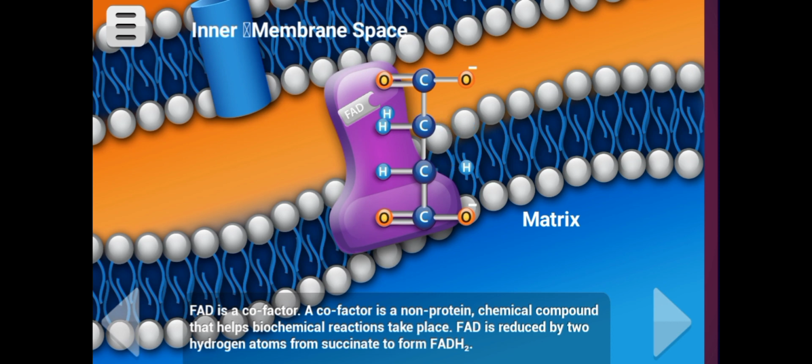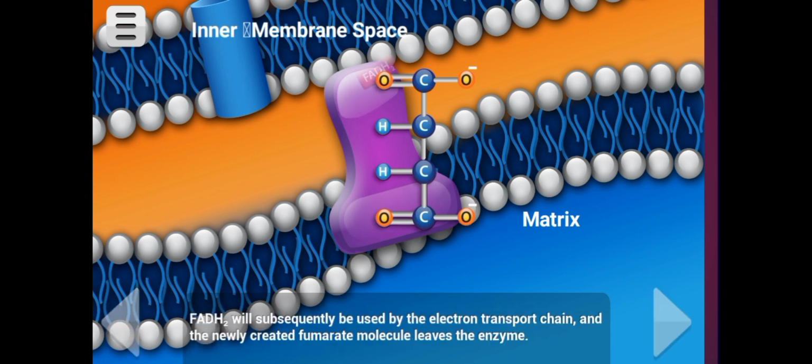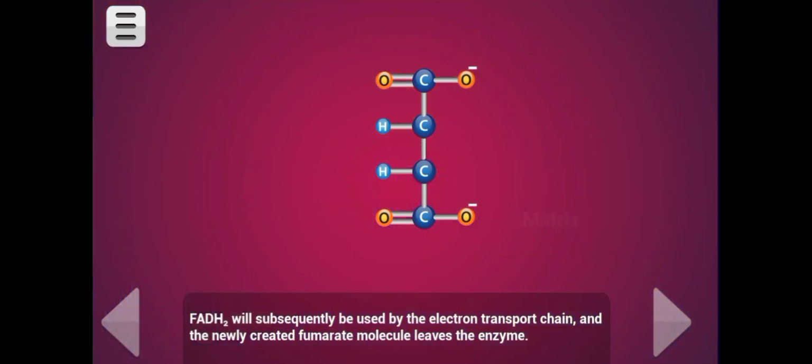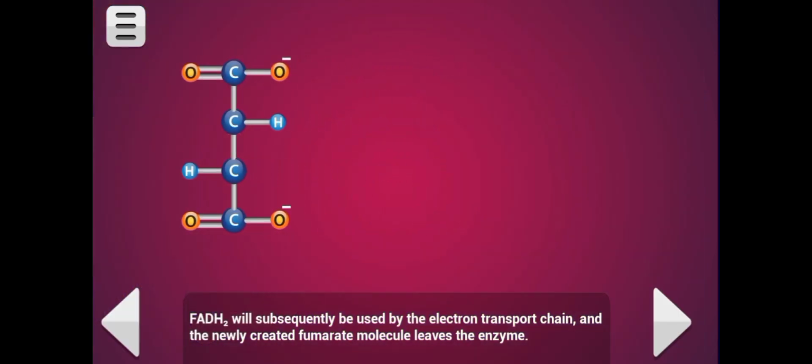FAD is reduced by 2 hydrogen atoms from succinate to form FADH2. See the illustration for example. The reduced flavin adenine dinucleotide will subsequently be used by the electron transport chain, and the newly created fumarate molecule leaves the enzyme.